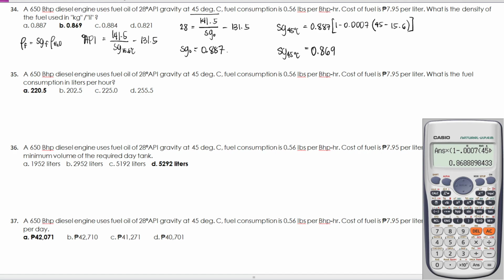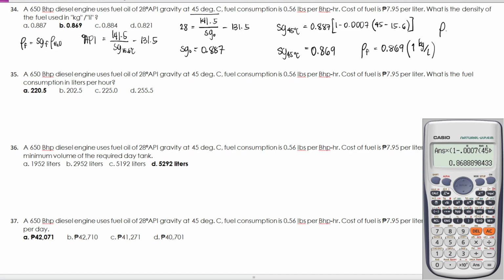So as you can see, that is different from the standard since nagkaroon nga ng adjustment or correction based on its specific na temperature. So for the density of that fuel, that is equal sa 0.869 na SG ng fuel times ang density ng water is 1 kilogram per liter at the same temperature.